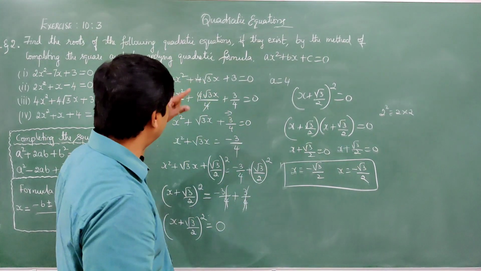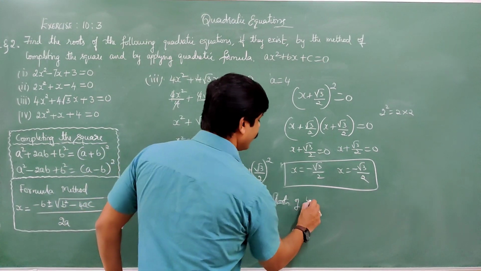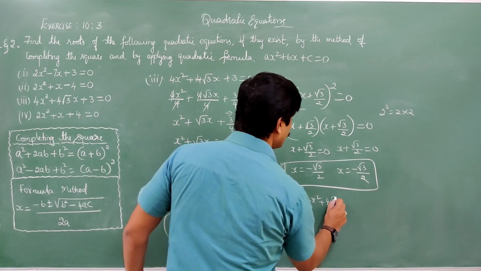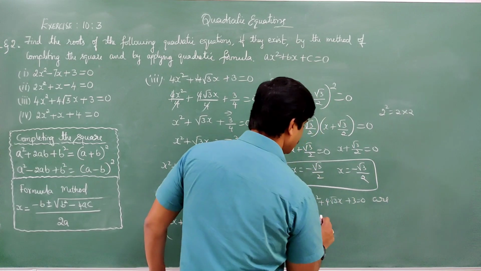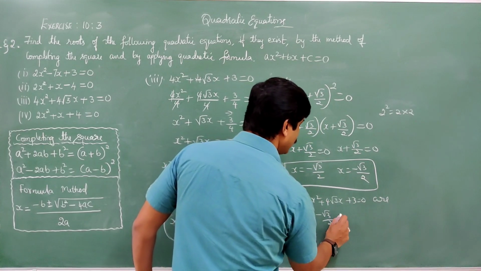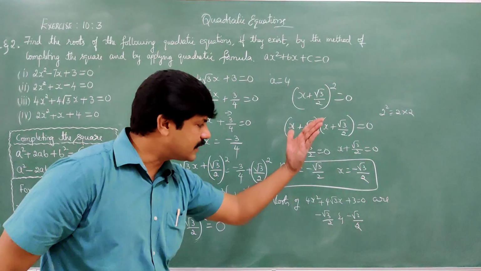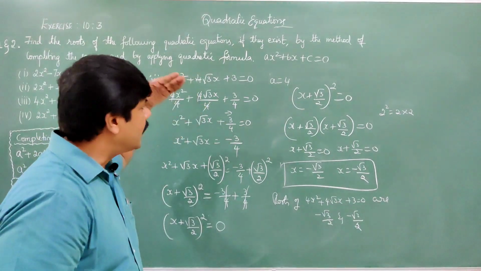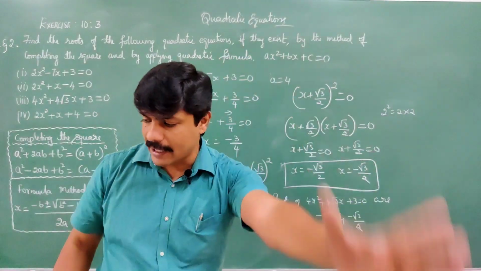So the roots of 4x square plus 4 root 3x plus 3 equals 0 are minus root 3 by 2 and minus root 3 by 2. These are the roots. Understand? So these roots we have got by the completing the square method. Now the same we will find by the quadratic formula method.